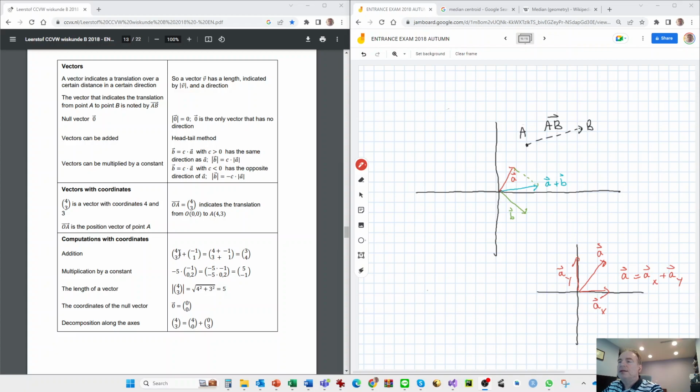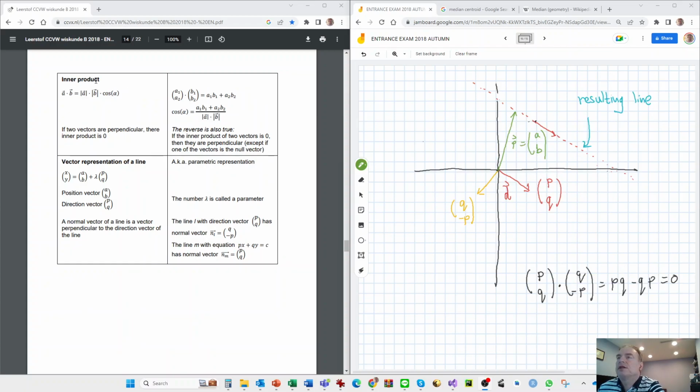You can add them by component. You can multiply them by a scalar. You can define the length of a vector using Pythagoras. And you can also decompose it along the axes. So say I have a vector A here, then this is actually the sum of vector A in the x direction and a vector in the y direction. These are the components of the vector.